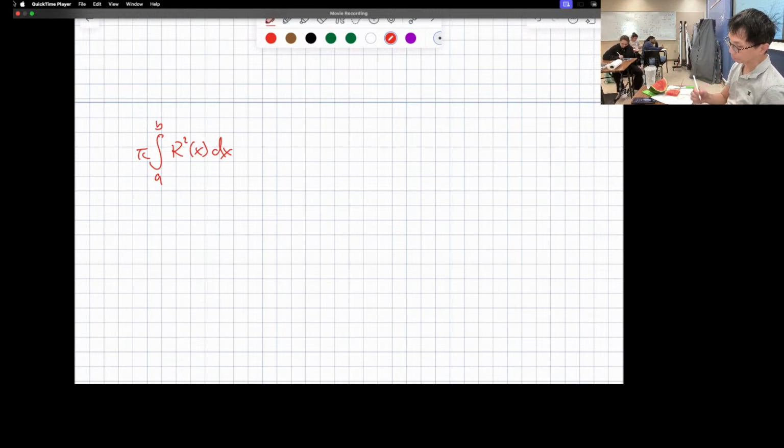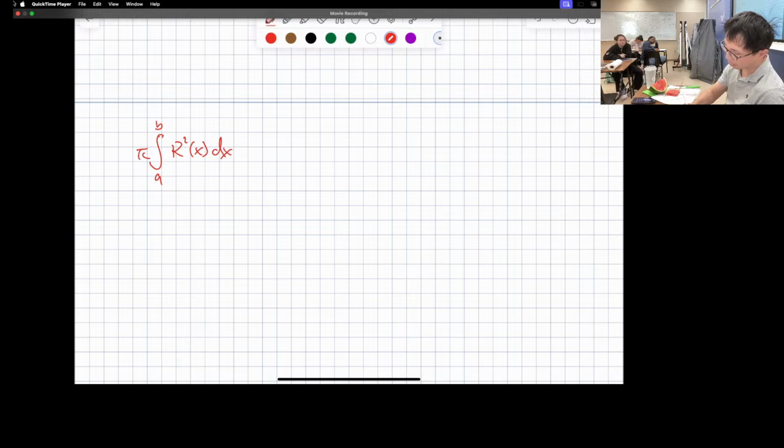Okay? So that's the radius. Now sometimes you can have the same graph but rotate around the y-axis. So imagine if you have the same graph rotated around the y-axis, and that's different.